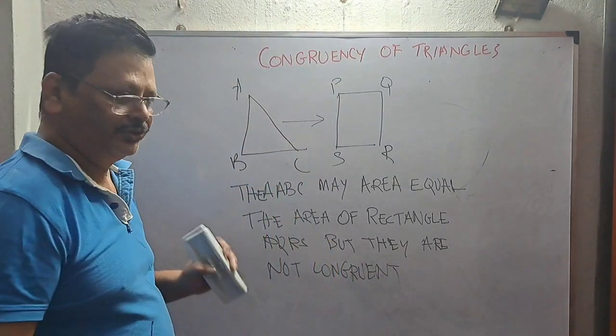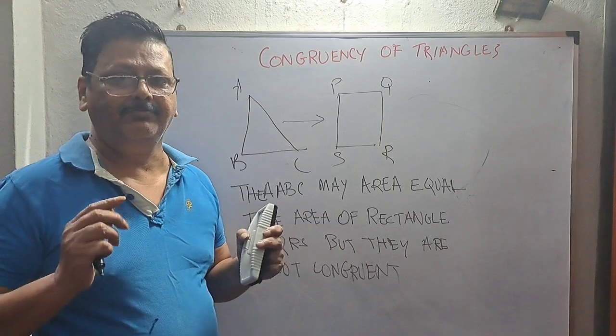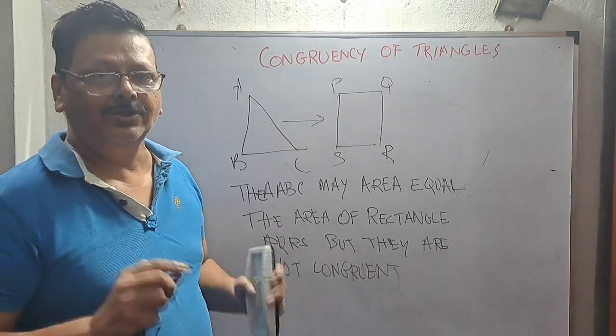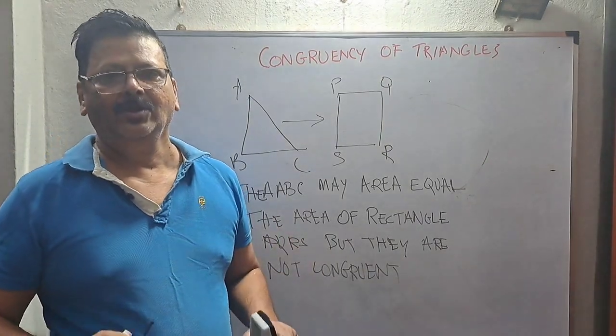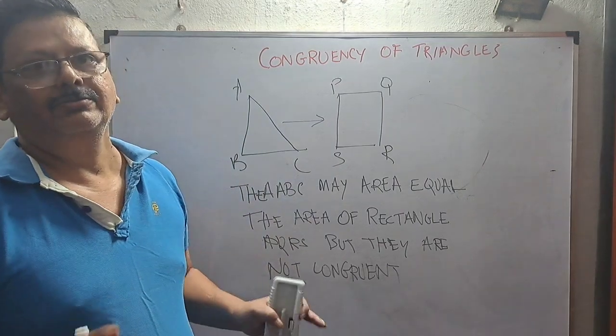So the area being equal is not a necessary condition for congruency of two shapes.